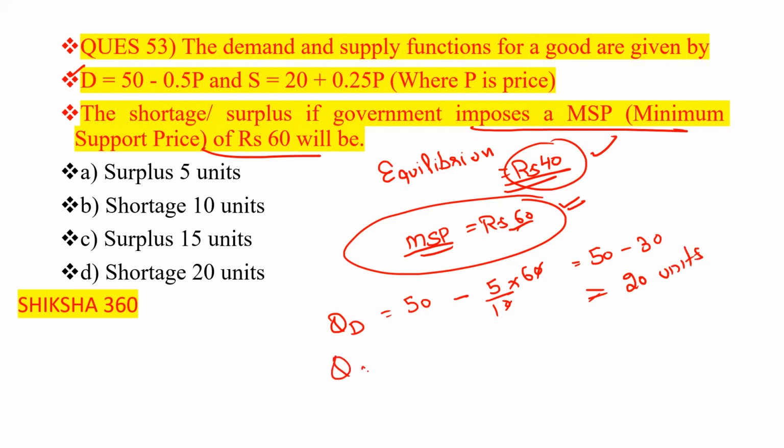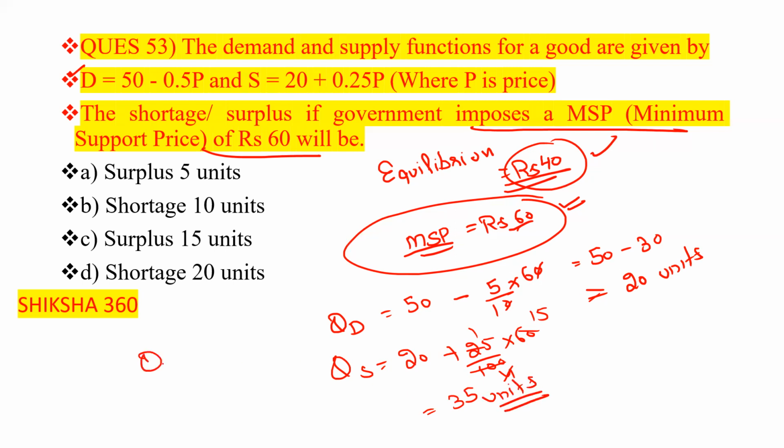Quantity supplied is 20 plus 0.25p, that is 25 upon 100 into 60, giving 35 units.